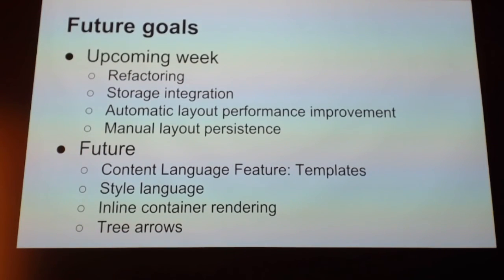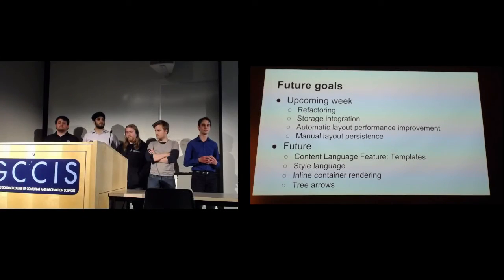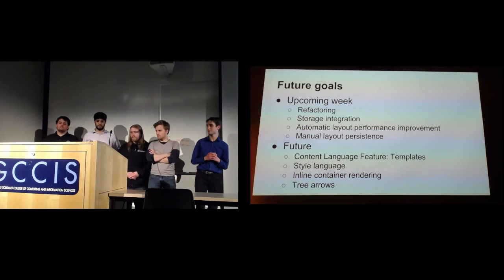It's a little buggy, and we just need to clean that up. But in the future, we want to add language templating, which is like object-oriented features for our content language. We need to implement the style language and inline containers, so instead of clicking in and going to a whole different screen, you should be able to just expand and contract containers. And again, tree arrows are some of our feature goals.